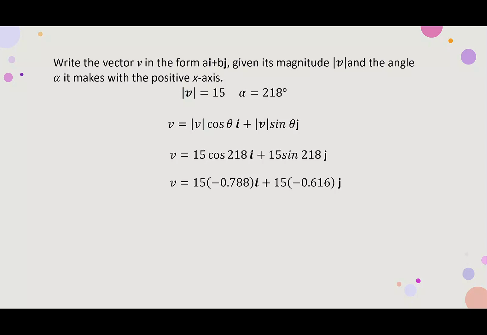We have negative values because 218 is in the third quadrant where both sine and cosine are negative. We could do one more step of simplification. When I multiply 15 times negative 0.788, I get negative 11.82. When I multiply 15 times negative 0.616, I get negative 9.24. So my vector v is negative 11.82i minus 9.24j.